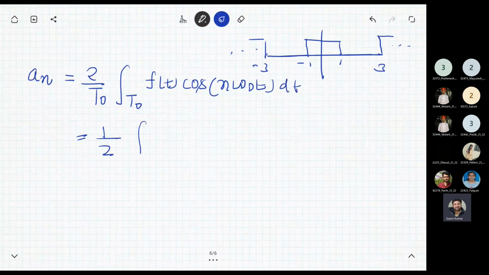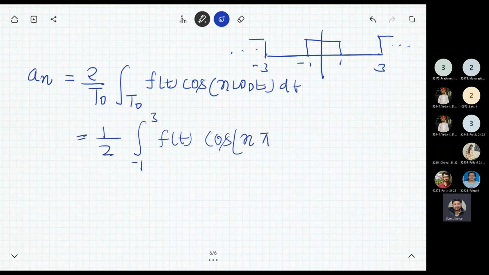Integration over a period of t naught, let's say take -1 to 3, okay, our ft, and this is going to be cos n, and then we will have pi by 2, and we will be having t dt. यही मिला हमें.